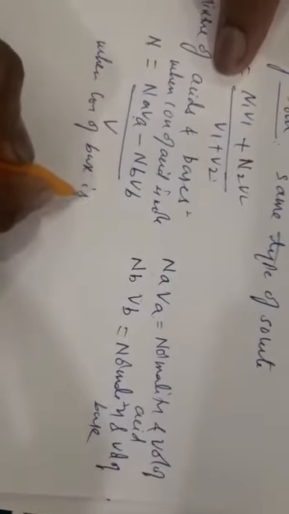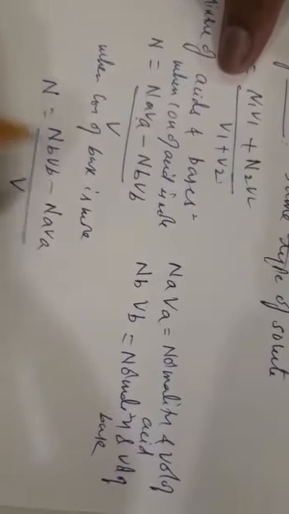If the concentration of acid is more, we use the formula N is equal to NaVa minus NbVb by V, where V is Va plus Vb. When the concentration of base is more, we use the formula NbVb minus NaVa by V. So this is for a mixture of acids and bases.